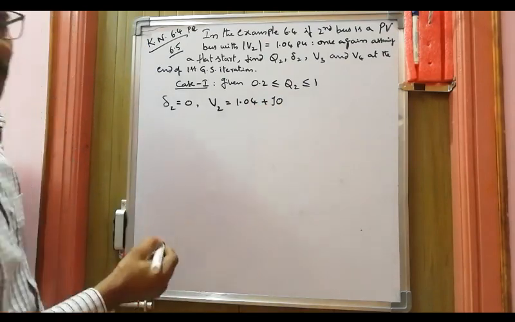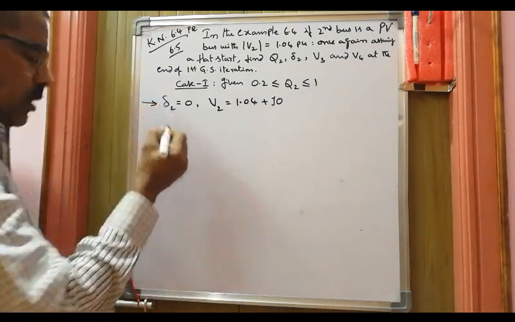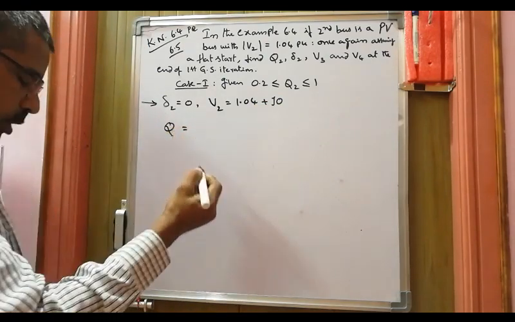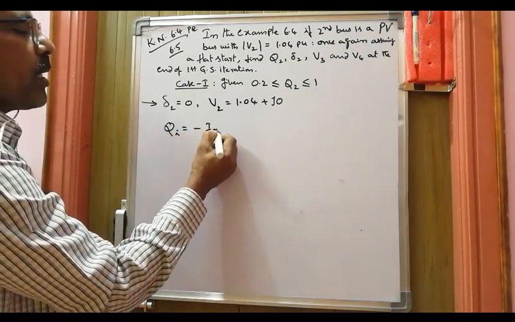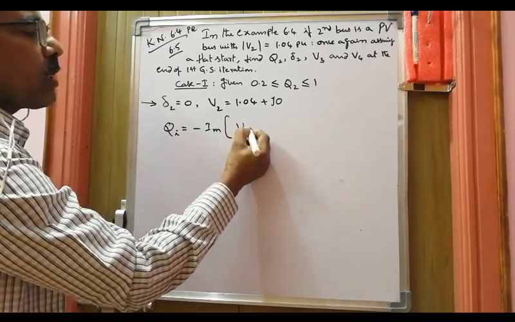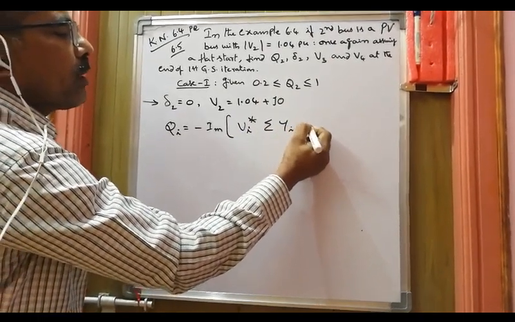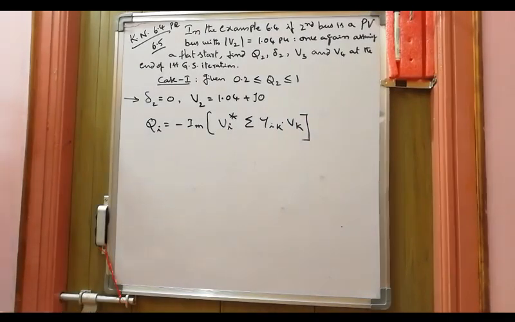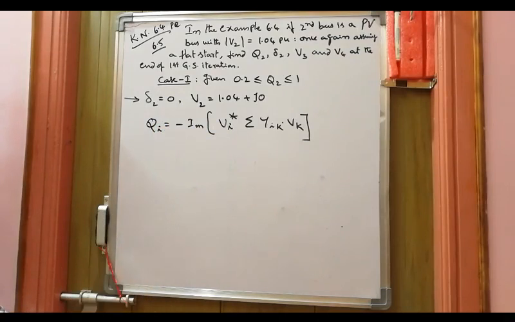So with these values we write the equation for Q. Qi in general is minus imaginary part of Vi conjugate sigma Yik Vk.